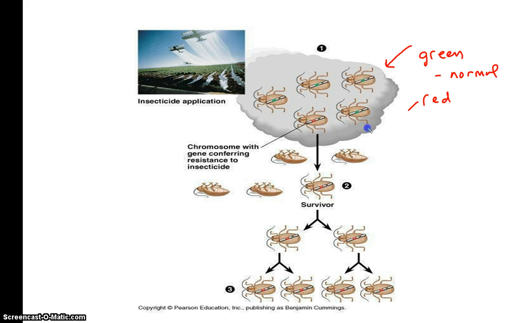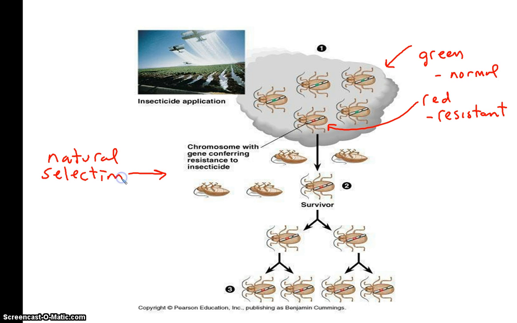This individual right here, and there are not very many of them, but that red allele is a mutation, and it makes that cockroach resistant to the insecticide that they're applying. So when a selective pressure, natural selection, in this case a pesticide, is applied, most of the individuals with the green allele are going to die.